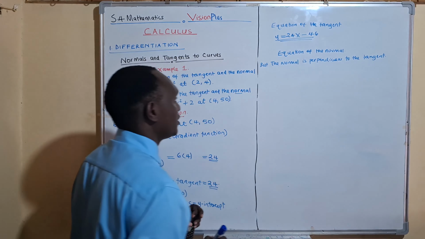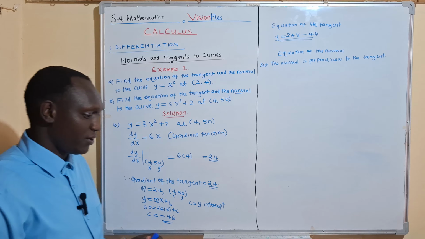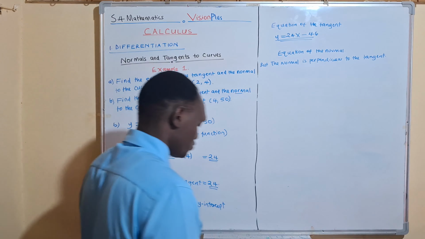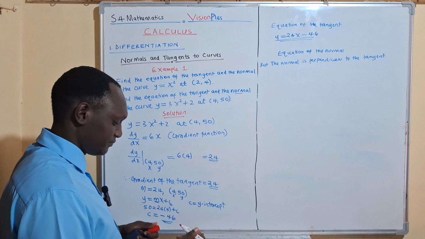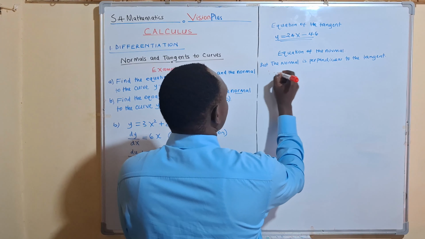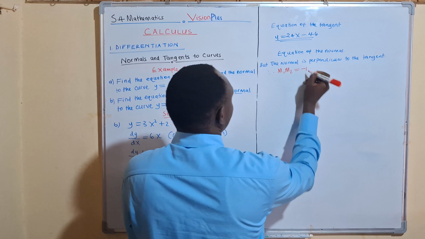That means the normal and the tangent are perpendicular lines. What do we know about perpendicular lines? The product of the gradients of any two perpendicular lines is -1. Therefore, here we can say that m1 times m2 equals -1.